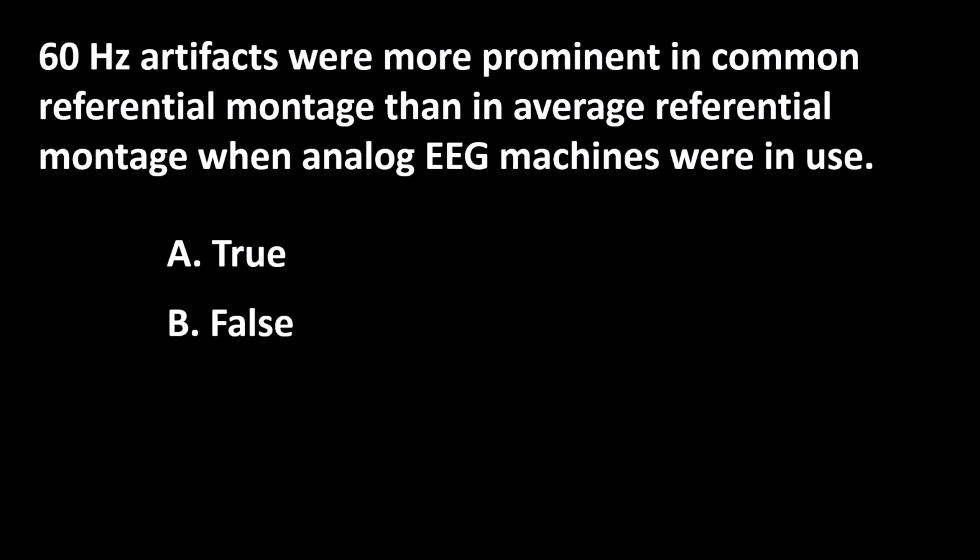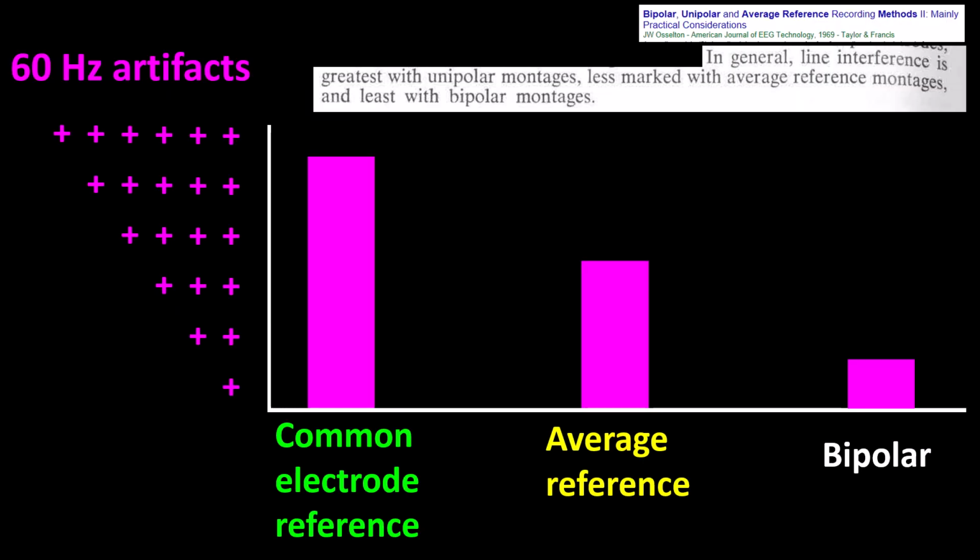Next question. 60 Hz artifacts were more prominent in common referential montage than in average reference montage when analog EEG machines were in use. A true, B false. This figure illustrates the words written on top regarding 60 Hz artifact.